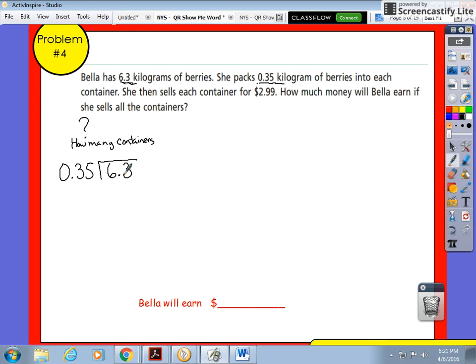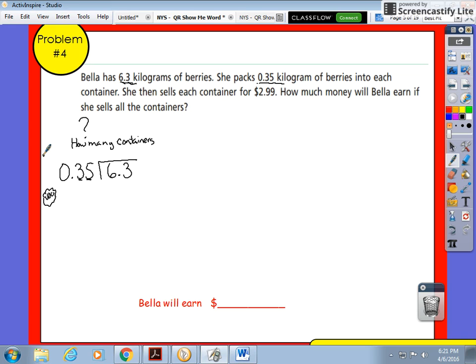And we have a decimal division problem. So we now know that we have to get our divisor to be a whole number. So in order to do that, I'm thinking in my head that I need to multiply by 100. Remember, I have 2 places in my divisor, so I need to have 2 zeros in my power of 10 that I'm multiplying by.